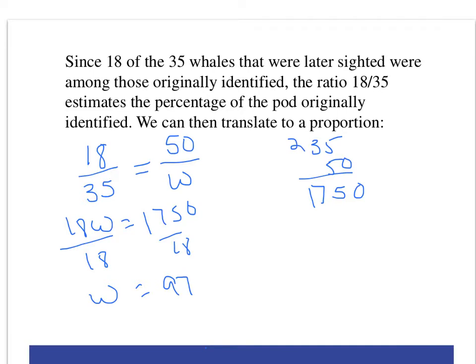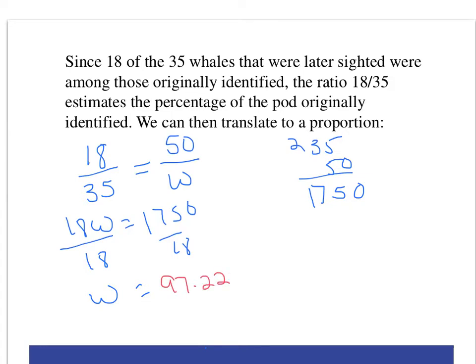If we use our calculator, 1750 divided by 18 is going to give us 97.22.